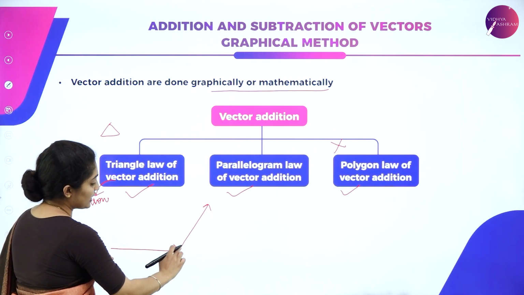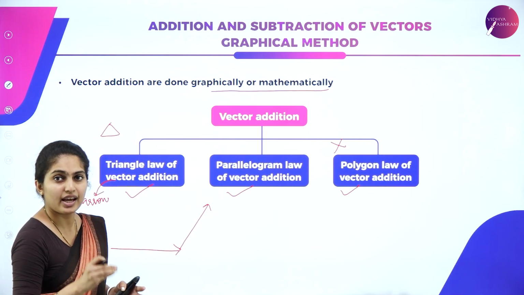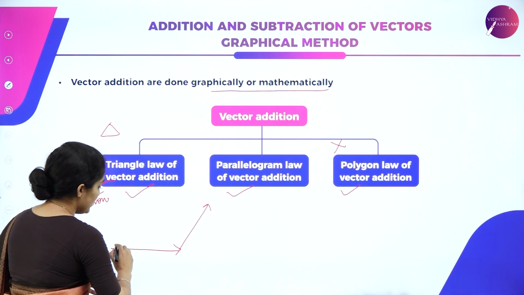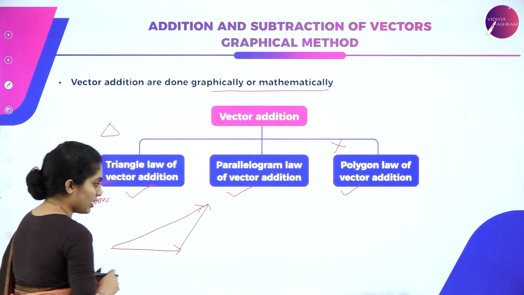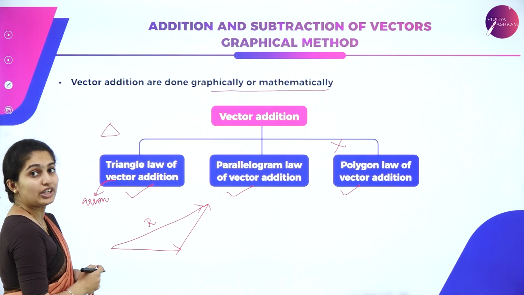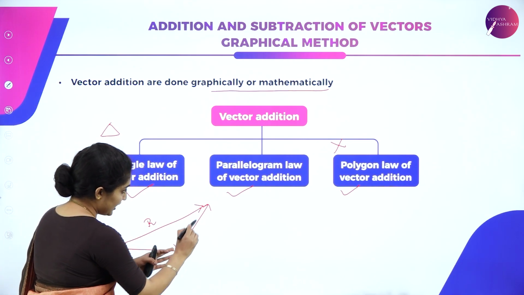So if 2 sides of the triangle represent certain direction and magnitude, then the third side of the triangle will represent an arrow mark which gives you the resultant vector, in the opposite order, which means to say tail to head, tail to head.